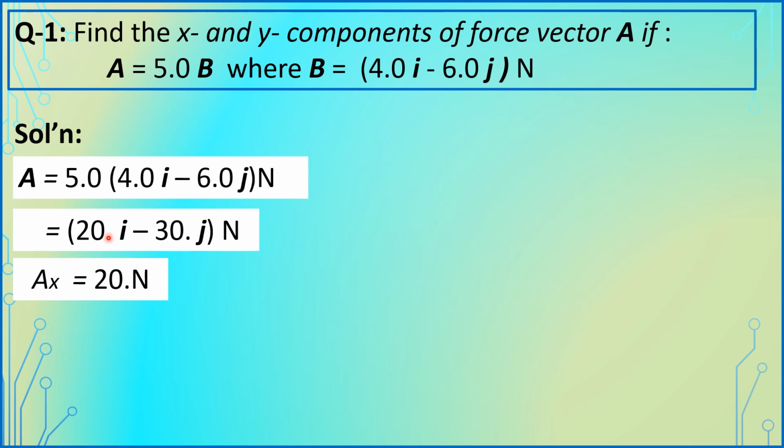So it's very clear from our answer here that the x component of vector A, A sub x, is equal to 20 Newton with two significant digits, while its y component, A sub y, is equal to negative 30 Newton with two significant digits.